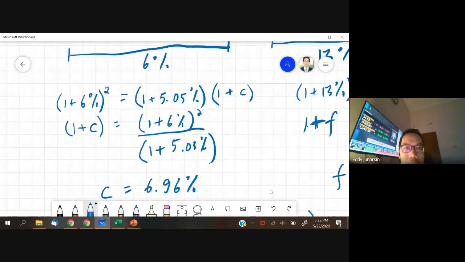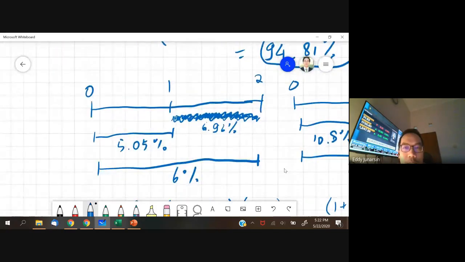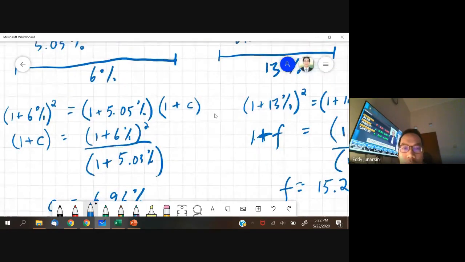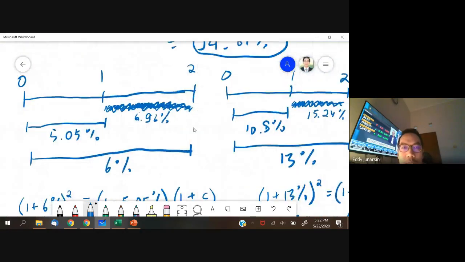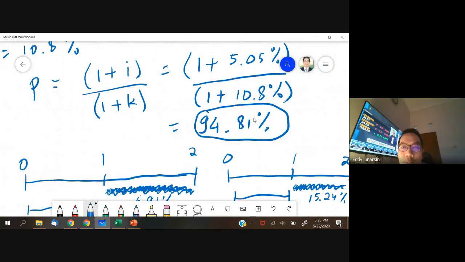Look again, right? We got the information. If we estimate the probability of repayment for 1 year, we got, how much was it again for 1 year? Yeah, 94.81. We did it previously, right? So this is the probability of repayment for 1 year.